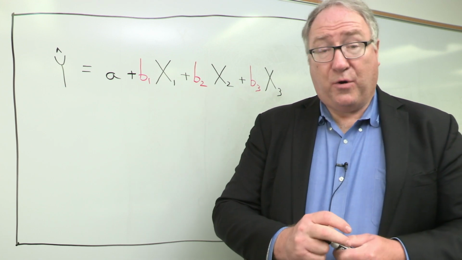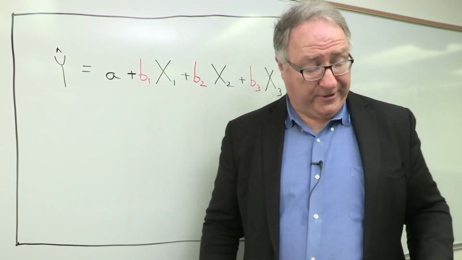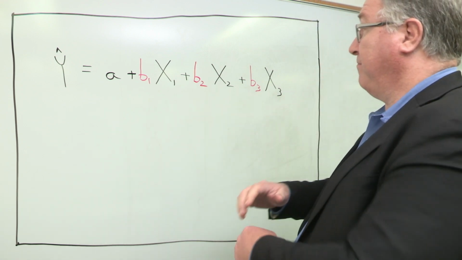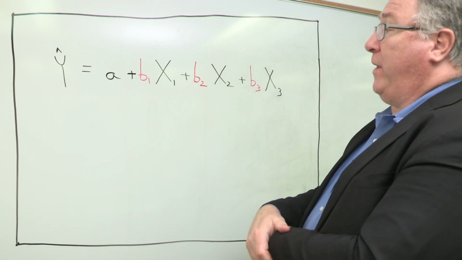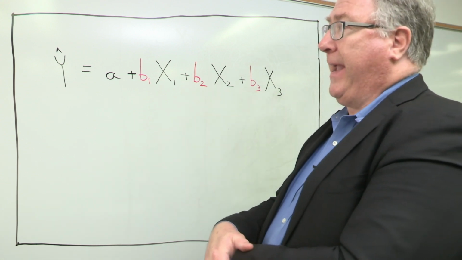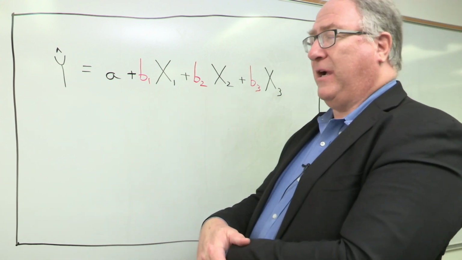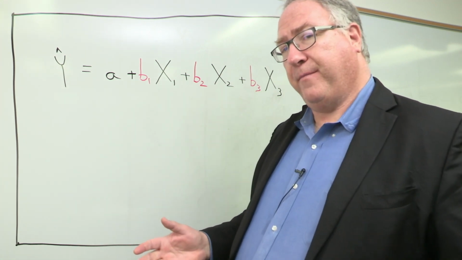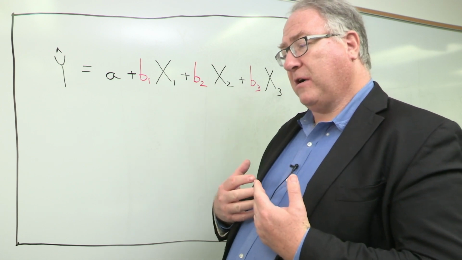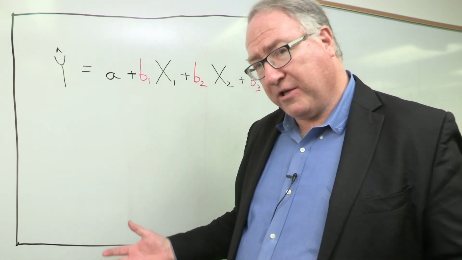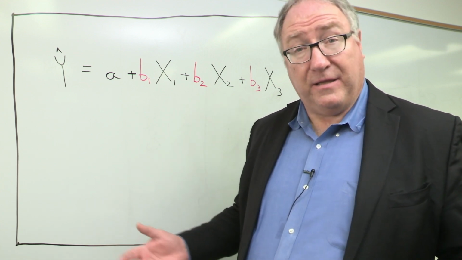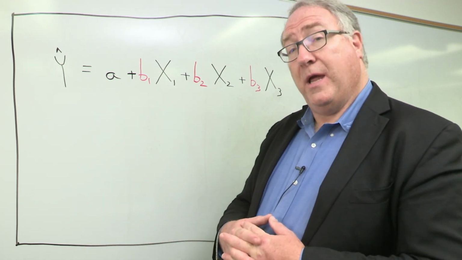All right, so now let's take a deep breath here and let's look at this a little bit. The first thing I want to ask you, because I really want to help bring this down to earth a little bit. One of the things that happens in regression is that people talk a lot about high-minded concepts. And that's fine. I do the same thing in these discussions with you.